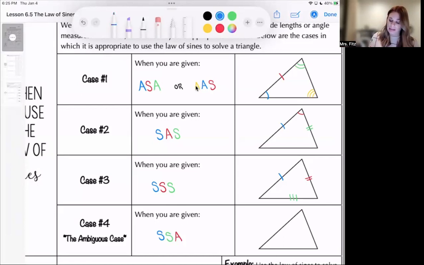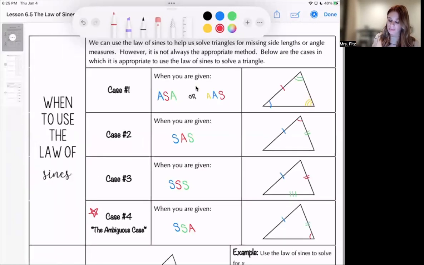It looks something like this: side, side, and then the angle would be somewhere out here. Okay, so this is the ambiguous case. This is the one that I would star. You have to worry about this one because, like I said, there could be one, two, or no triangles that fit the information given.